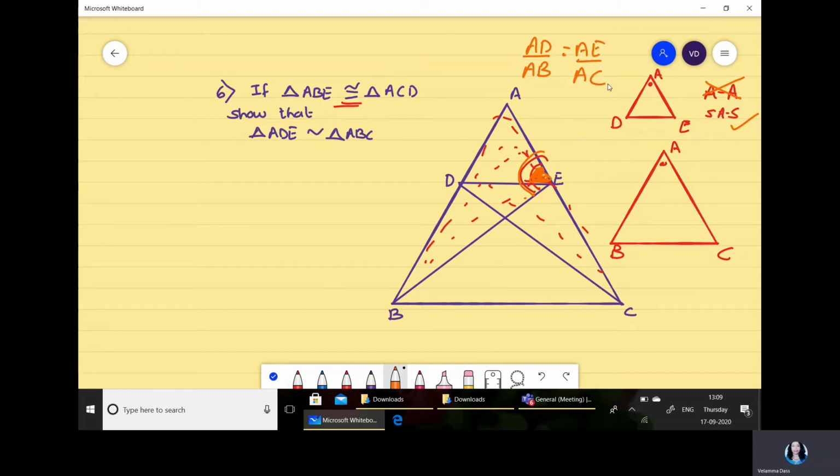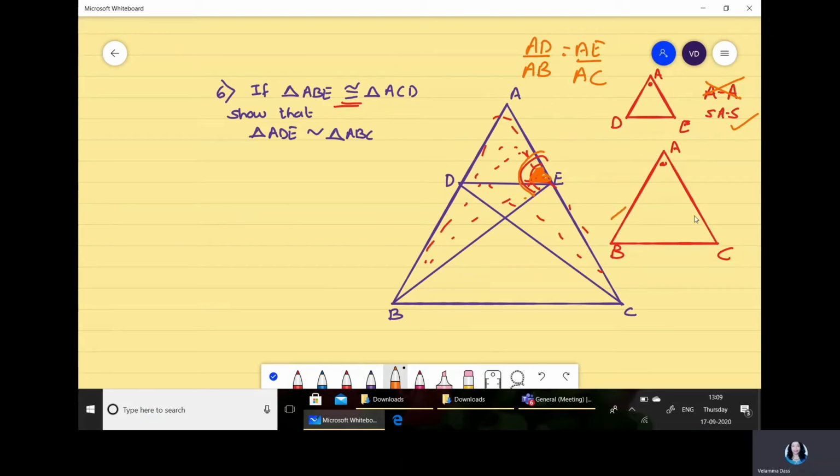Then the two triangles' sides are in proportion, and angle A is included between these two sides. So if angle A is included between these proportional sides, then the two triangles are similar by SAS.